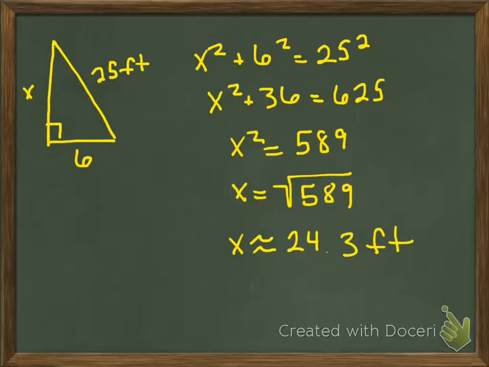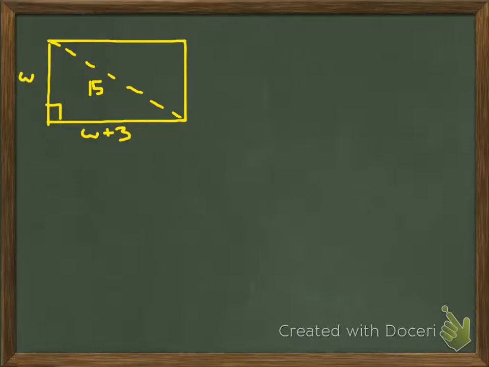Okay? All right, so here comes the toughie. All right, so they have a rectangle. It's telling you to find the width of a rectangle if the length of the rectangle is 3 longer than the width. So this is the length, 3 longer than the width. This is the width, which is w, and it says that the diagonal is 15. So when you take a diagonal of a rectangle, all you're doing is making two right triangles.